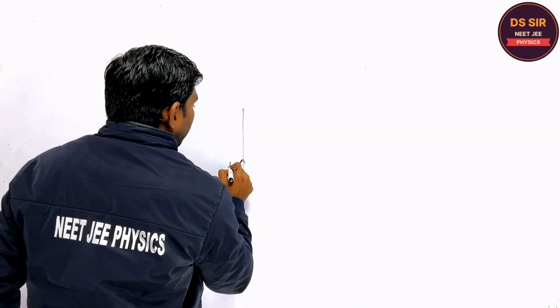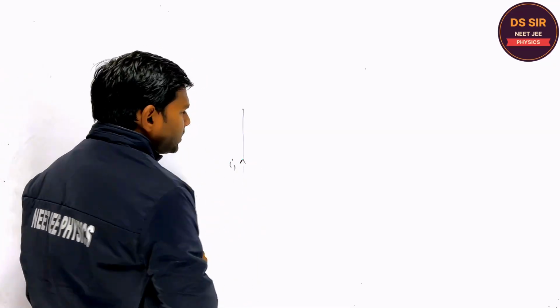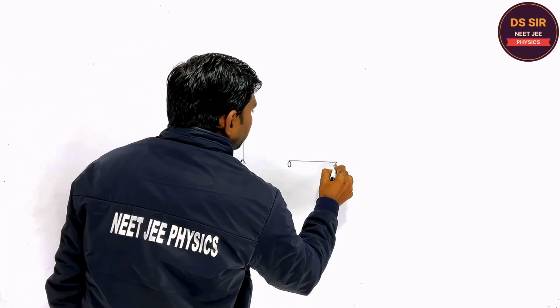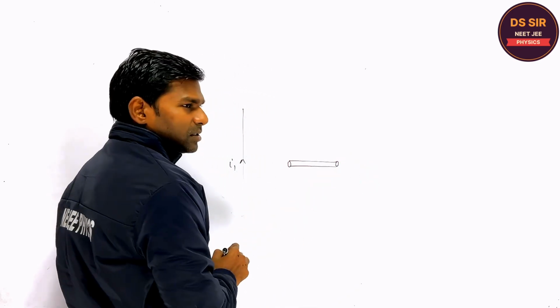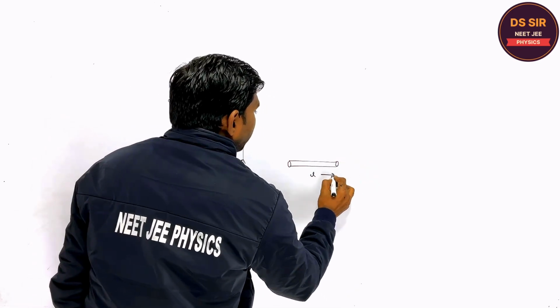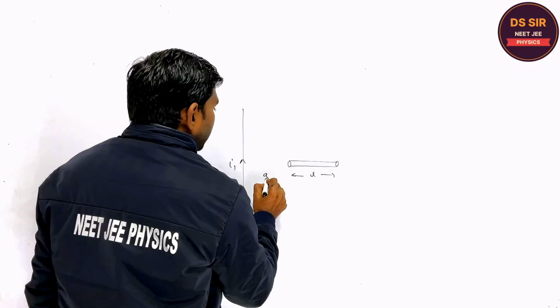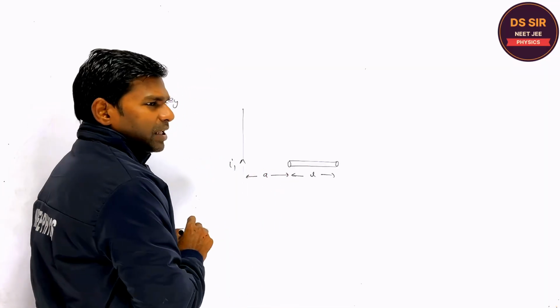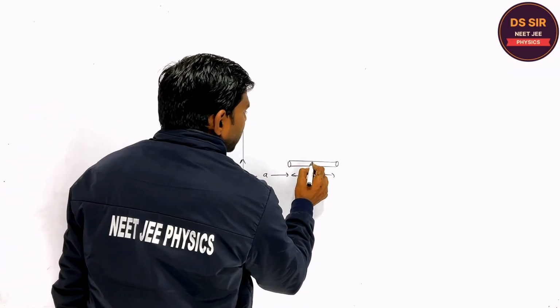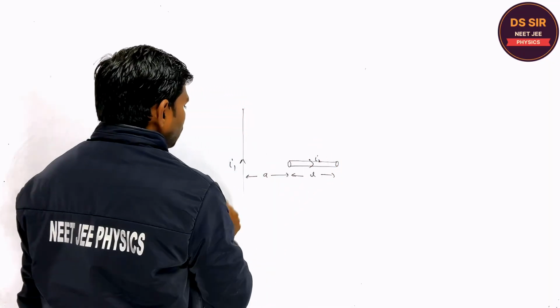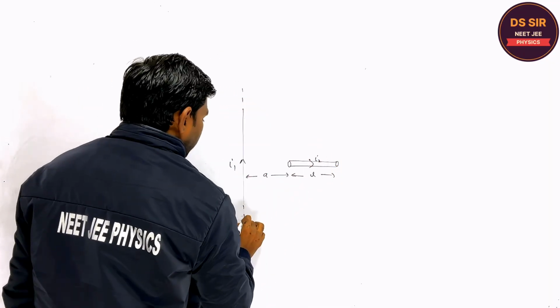Suppose this is the current carrying wire, the current is I1. Now the wire is placed like this. The length of the wire is assumed to be L and it is at distance a. The current in this case is I2 and this is I1. This is the infinite wire.